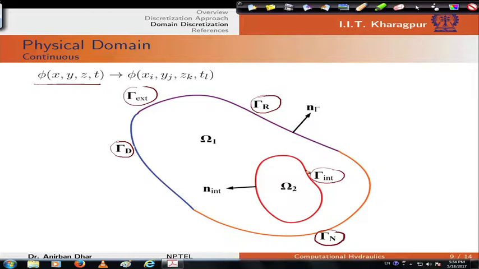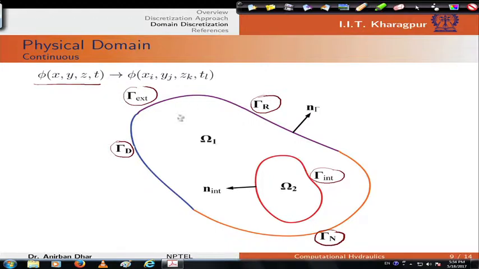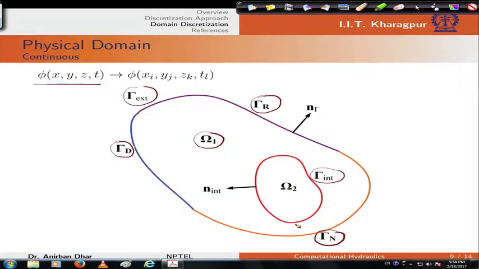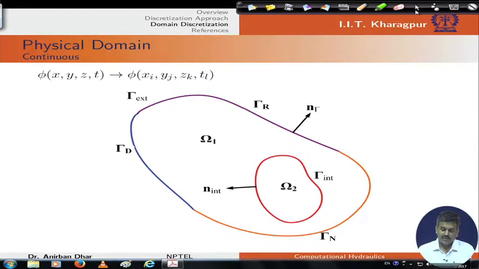So, if we consider flow or other kind of problem within this omega 1 domain, excluding this omega 2 domain, then we need to divide this domain into parts or subparts. So, how to perform that division?